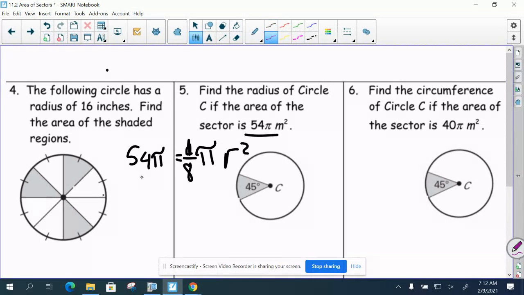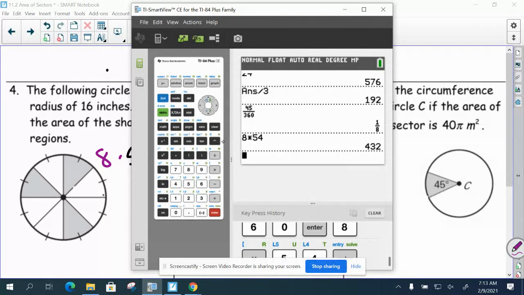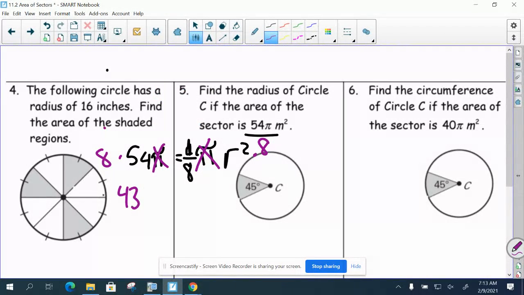So the first step you would want to do is to cancel out the pi's if you can. Sometimes you can't, and we'll discuss that in a different example. Then you would want to get this 1/8 onto the other side. Now, instead of dividing both sides by 1/8, think about multiplying by the reciprocal, which would be 8 over 1. So we're going to take 8 times 54, and that gives us 432 equals r squared, and then we'll take the square root of that.